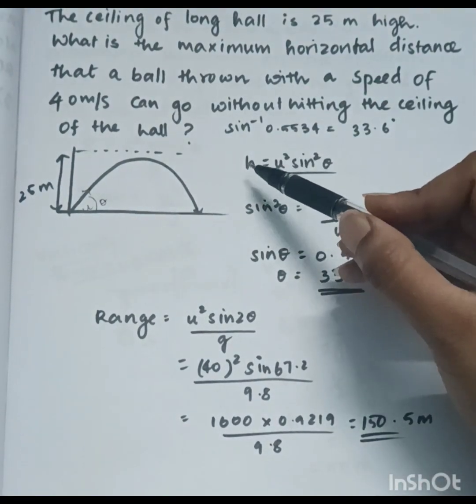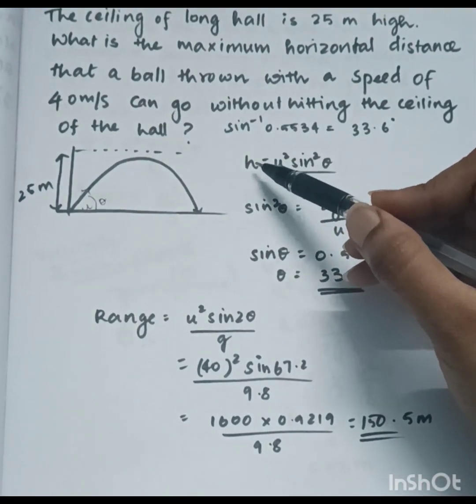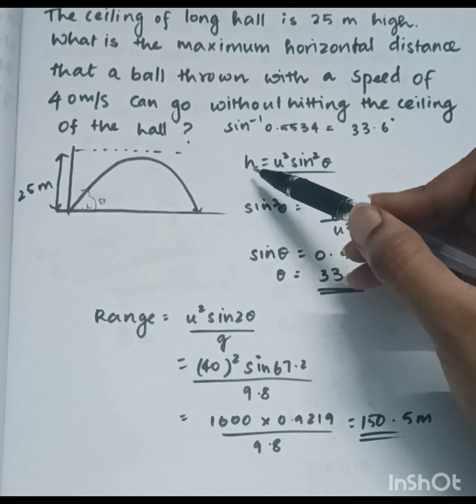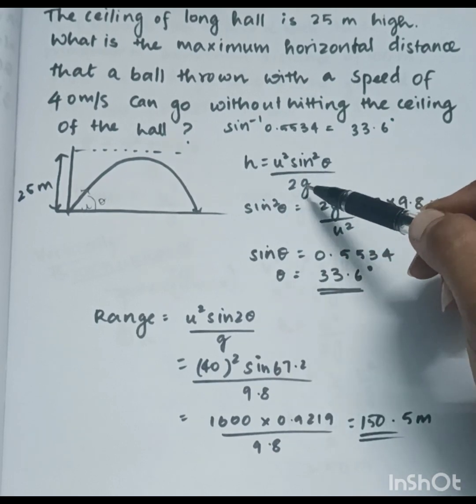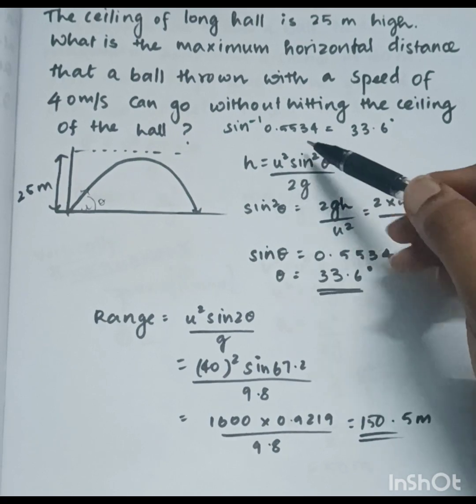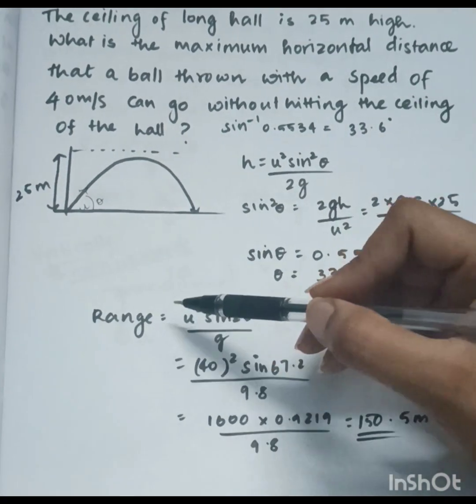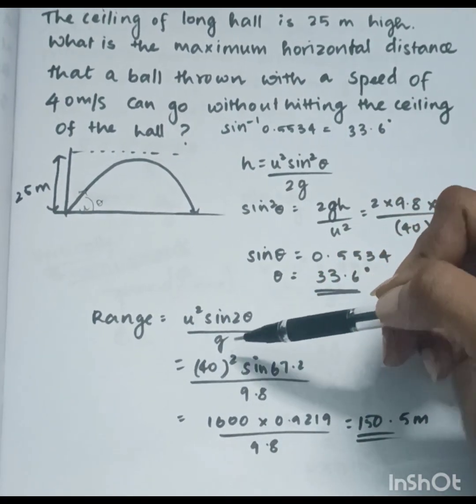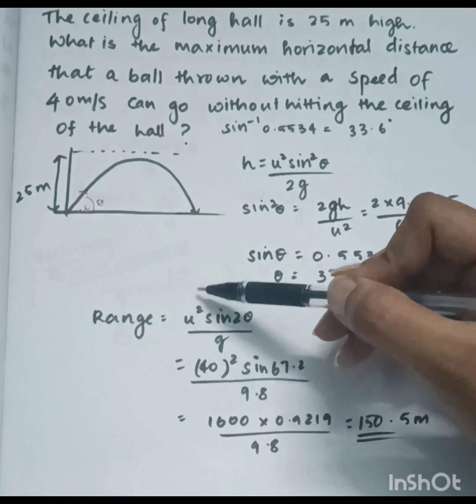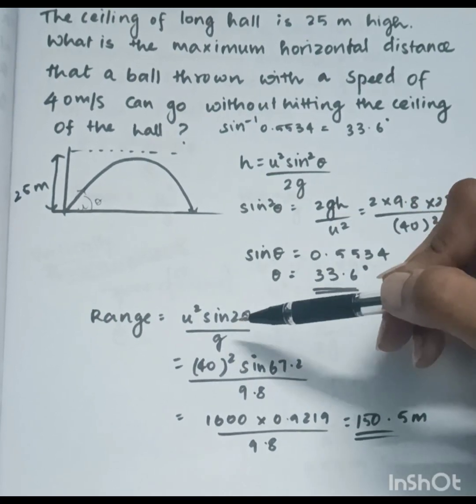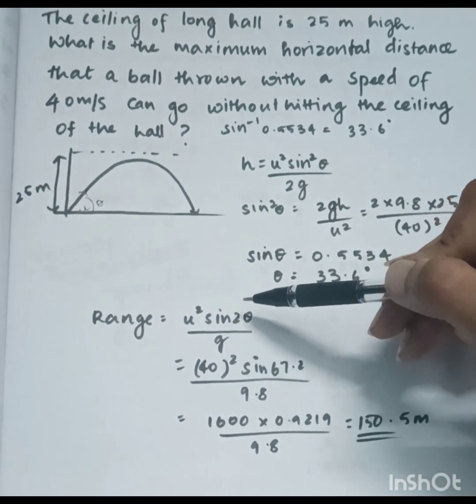So we know the maximum height h max equals u square sin square theta by 2g. Why are we using this? Because to find range, we know it is u square sin 2 theta by g. We have the value of u and g, but we should know theta.